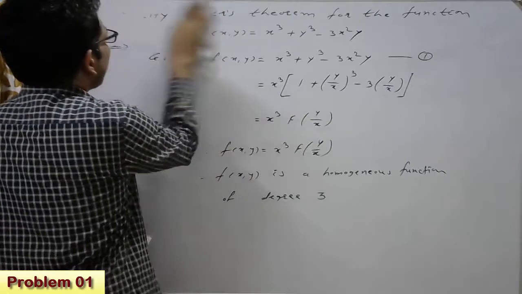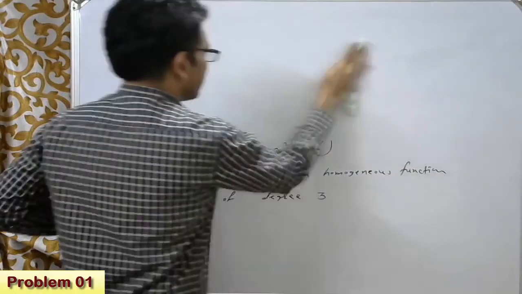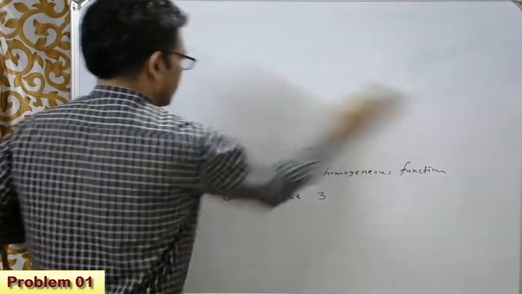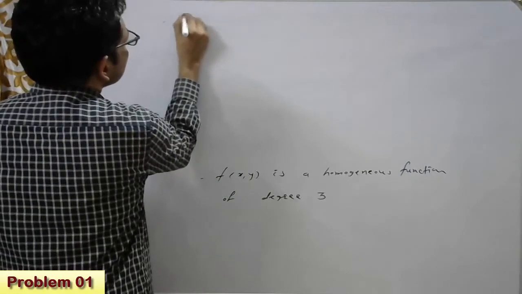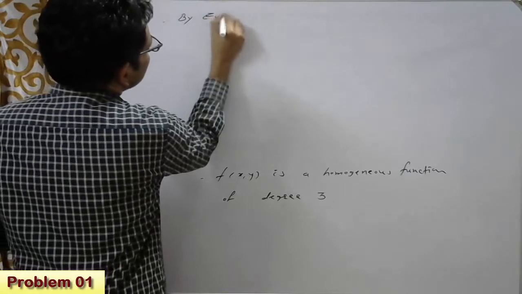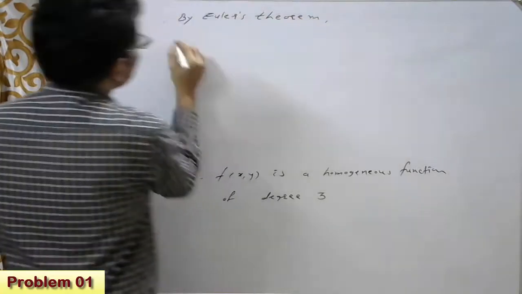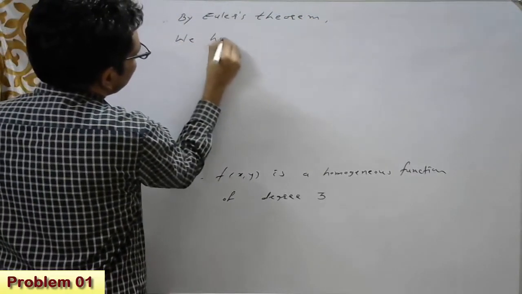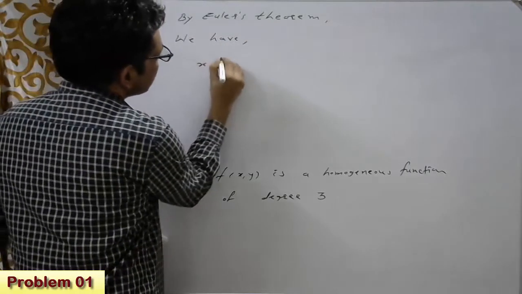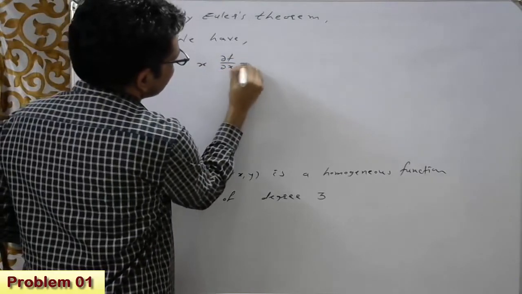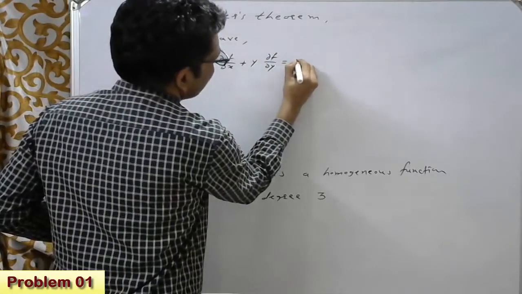Therefore, by the Euler's theorem, we have x del f by del x plus y del f by del y is equal to n times f.